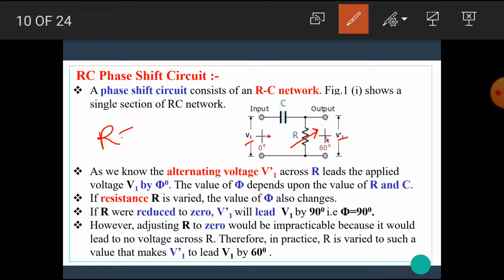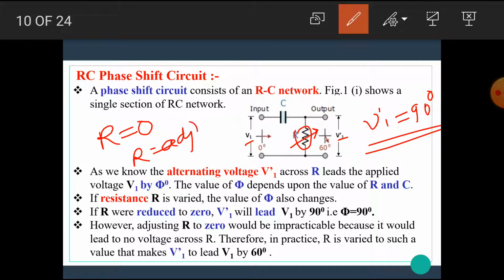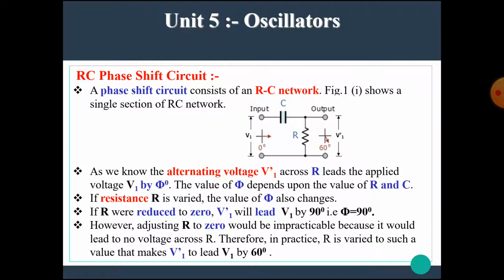If we make the value of R equal to 0, then we get 90 degrees. But it is practically impossible because if the resistor is absent, then there is no voltage drop across the output. Hence, this is impracticable. Hence, adjust the value of R such that we get a 60 degree phase shift. Okay, I hope you all understand this concept.